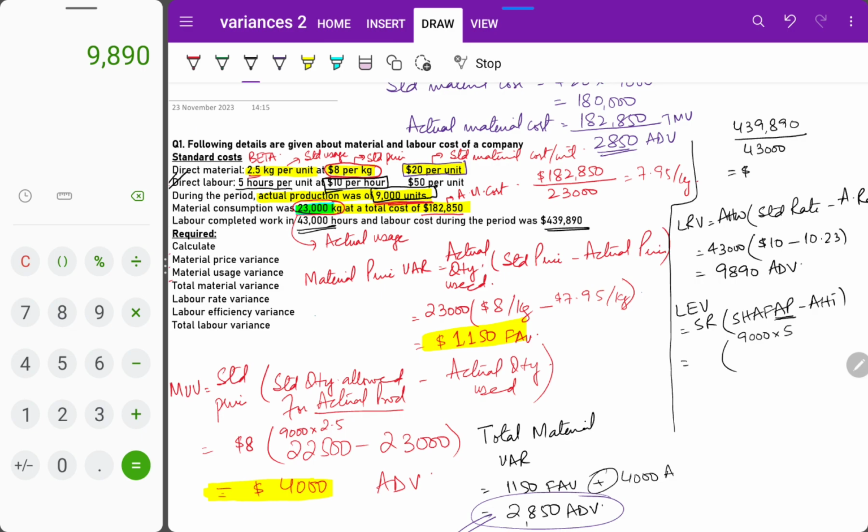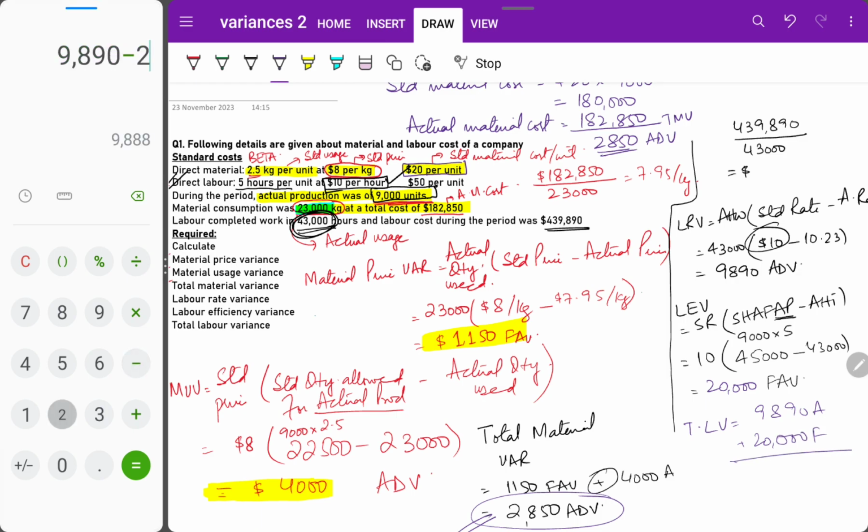This means if labor manufactured 9,000 units, ideally the production time should have been 45,000 hours. Instead, labor actually used just 43,000 hours, so the variance is favorable. Multiply by the standard wage rate of 10 per hour: 10 multiplied by 2,000 is 20,000 favorable. So the total labor variance will be 9,890 adverse and 20,000 favorable.